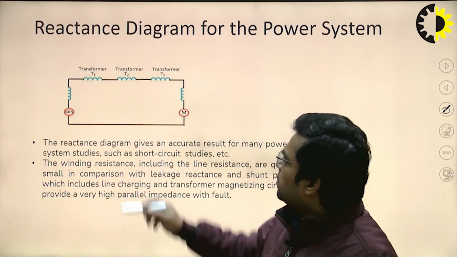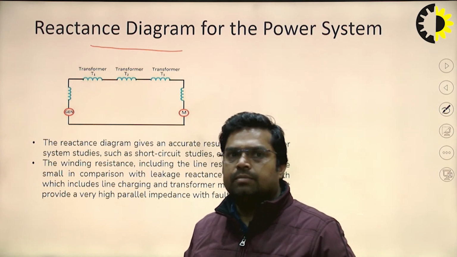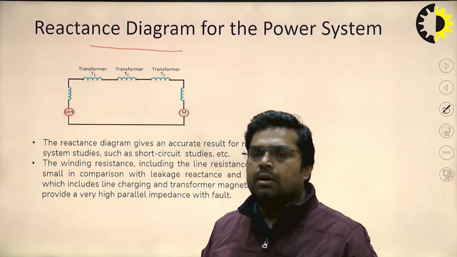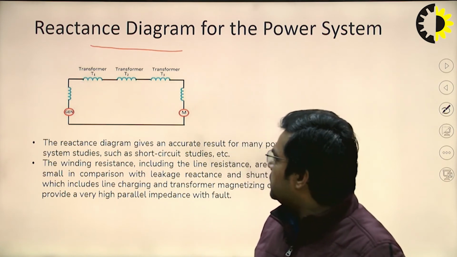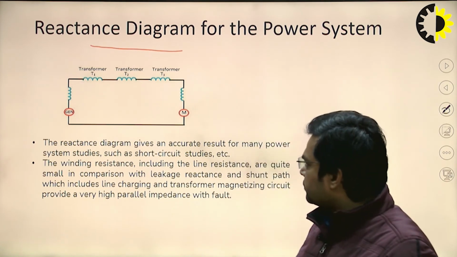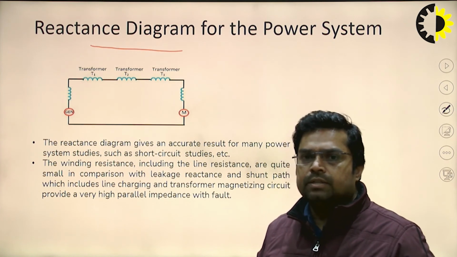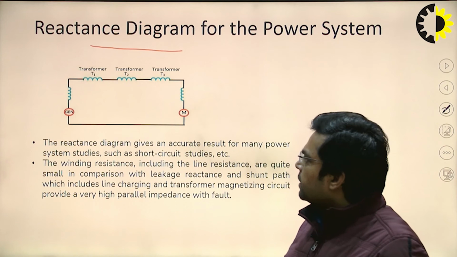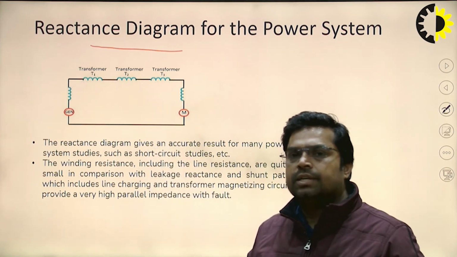Now moving on to another very important part of the single line diagram, that is the reactance diagram of the power system. How will the reactance diagram be drawn? The reactance diagram is generally studied for short circuit analysis.